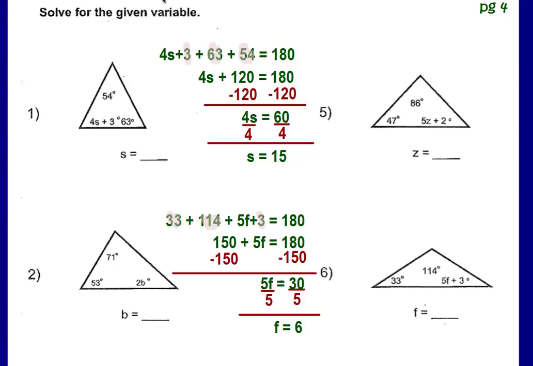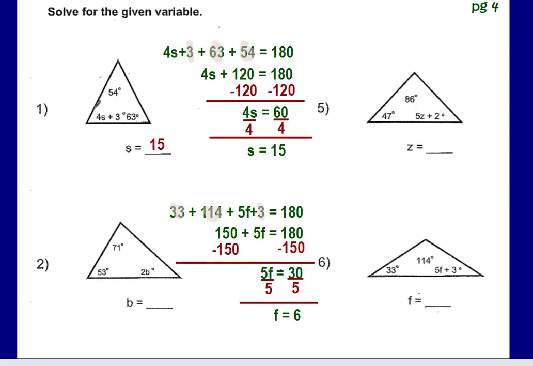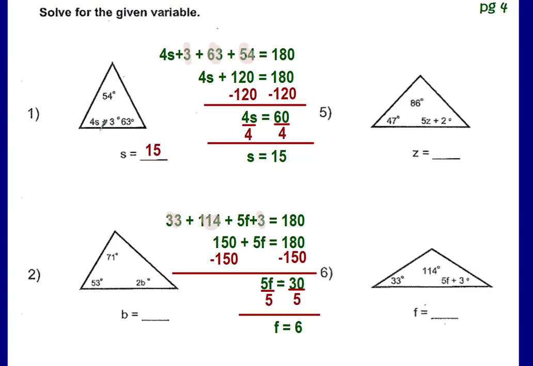So that is the answer to our question. We're supposed to solve for the given variable. So s is going to equal 15. Now, if we wanted to determine what the actual angle measure is, we could just substitute the 15 into that expression. 4s plus 3, substitute 15. 4 times 15 is 60, add 3, and that angle measure is going to be 63 degrees.